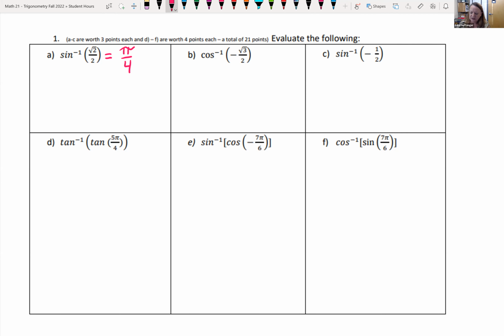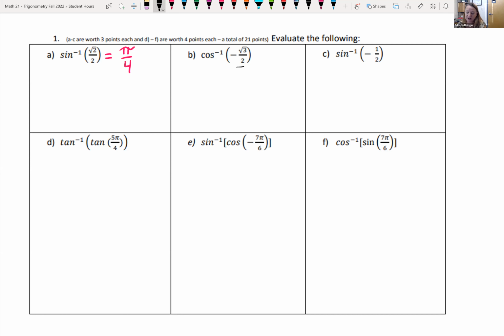So the next one, we have cosine inverse of negative root 3 over 2. Again, we're thinking backwards. Cosine inverse is between 0 and pi. So think about your angle. Is it positive or negative? That will tell you what quadrant you're thinking of. Since it's negative, I'm going to be in quadrant 2, between pi halves and pi. So I kind of ignore the negative and think to myself, cosine of what is root 3 over 2?